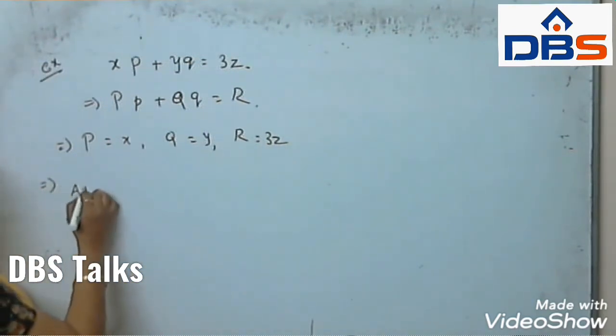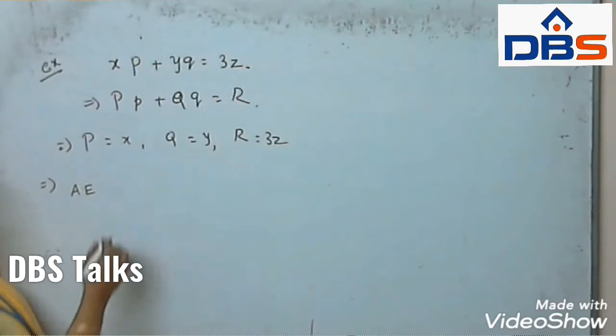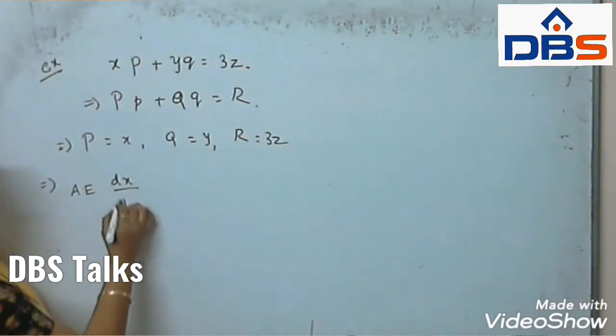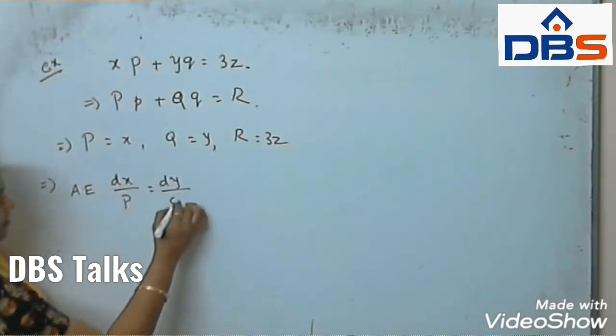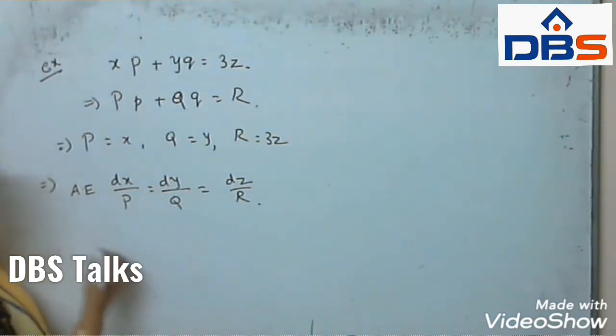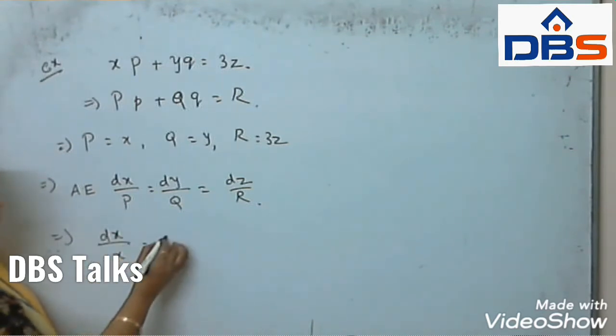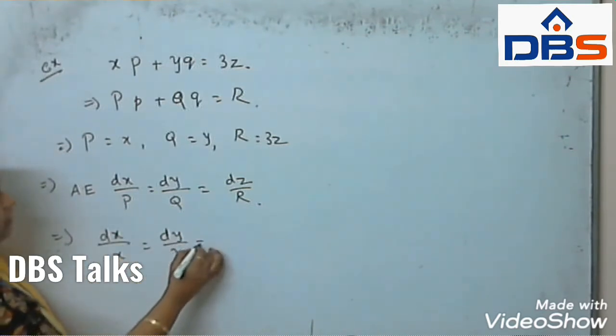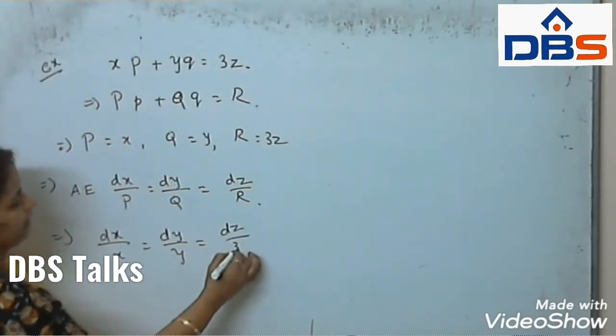Then we have to write the auxiliary equations. dx by P equal to dy by Q equal to dz by R. That implies dx by x equal to dy by y equal to dz by 3z.